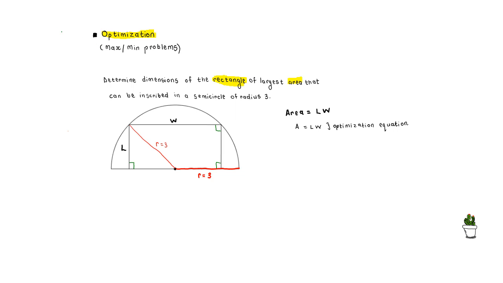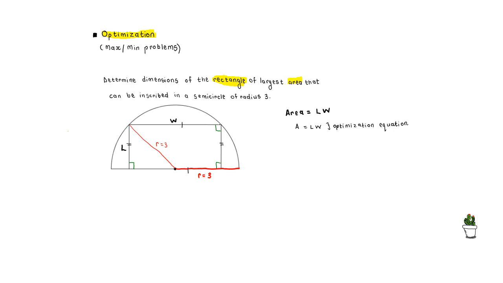Something else that we need to know is that the opposite sides of a rectangle are always equal. So this side equals this side, and this side equals this side.